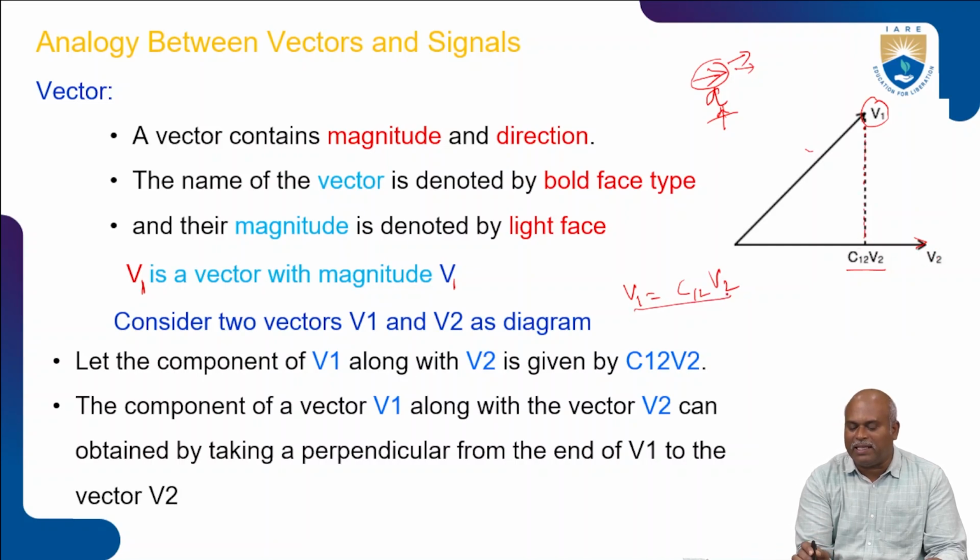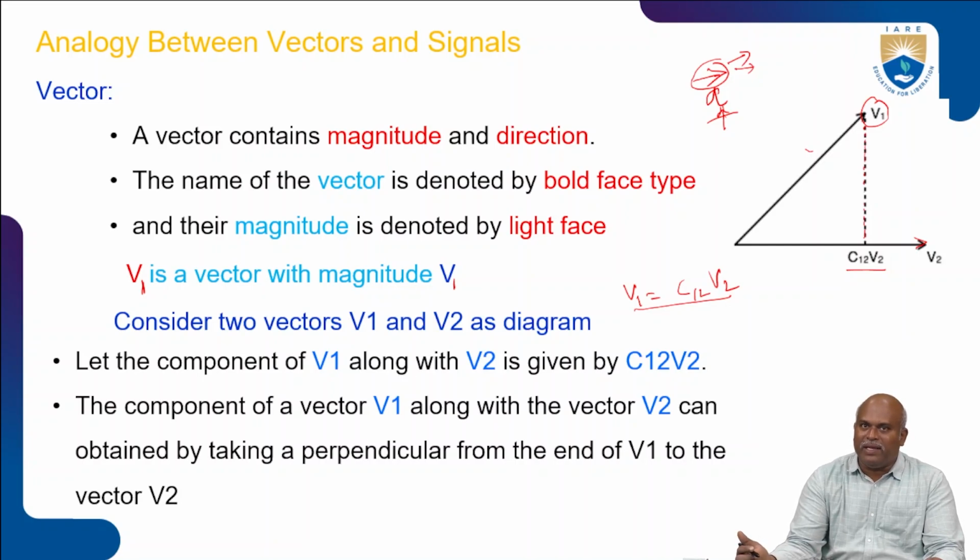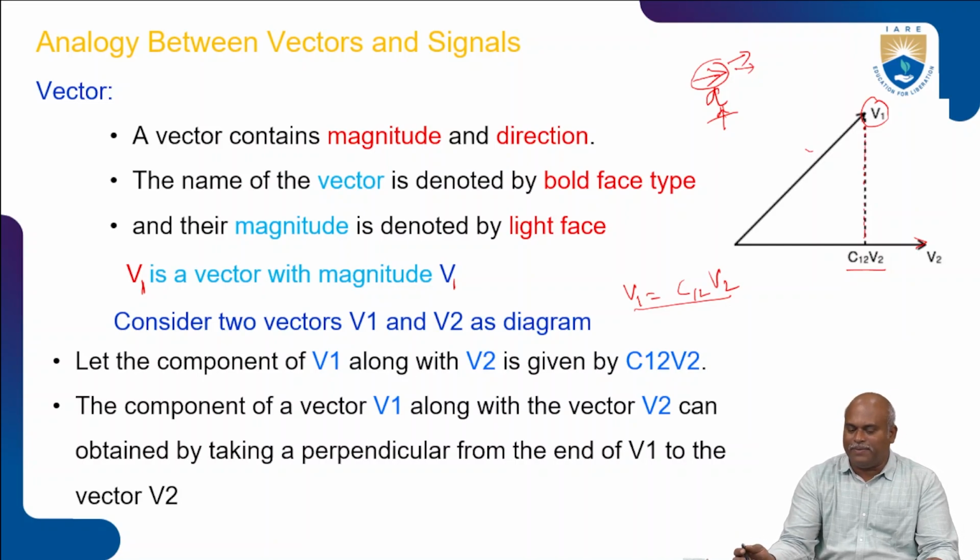The component of vector V1 along the vector V2 can be obtained by taking the perpendicular from the end of V1 to V2. This is the analogy between vector and signal.